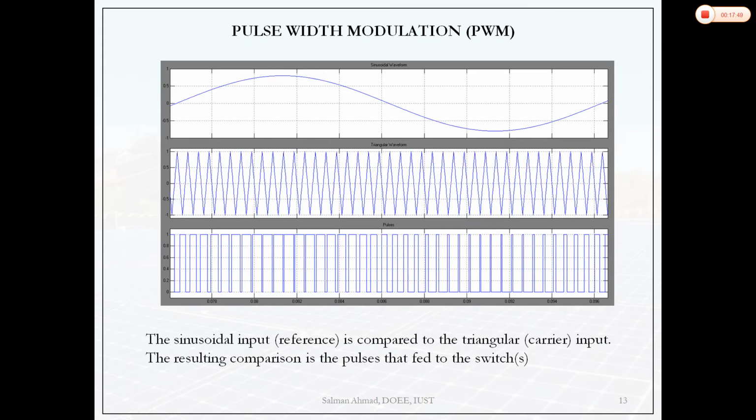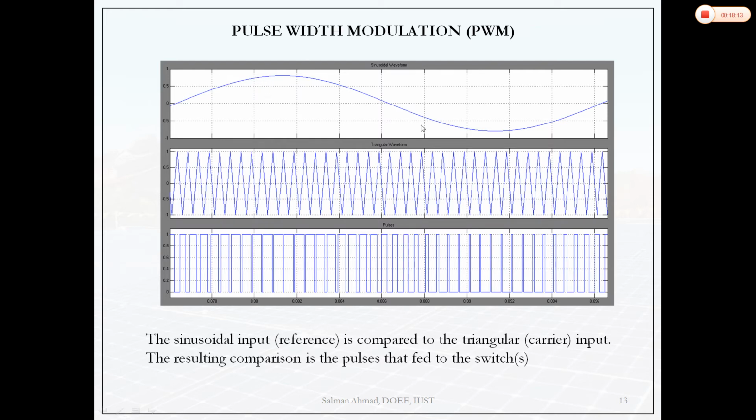So you can see in all this pulse width modulation, this is known as sine pulse width modulation. Here we are comparing a reference signal with a high frequency carrier. This reference signal is what we want to generate, the same sine waveform that we want at the output.